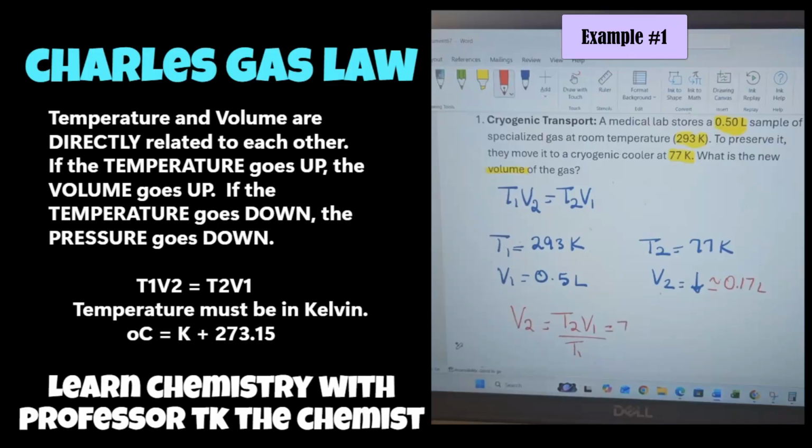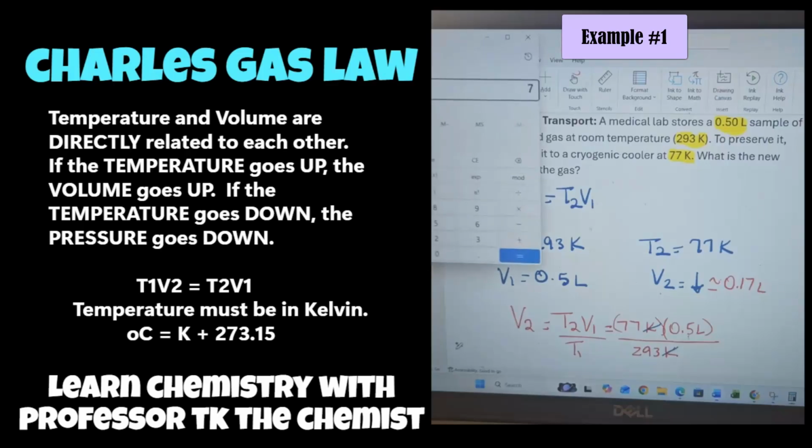All right, 77 Kelvin times 0.5 liters divided by 293 Kelvin. Again, get rid of your units that you don't need anymore.